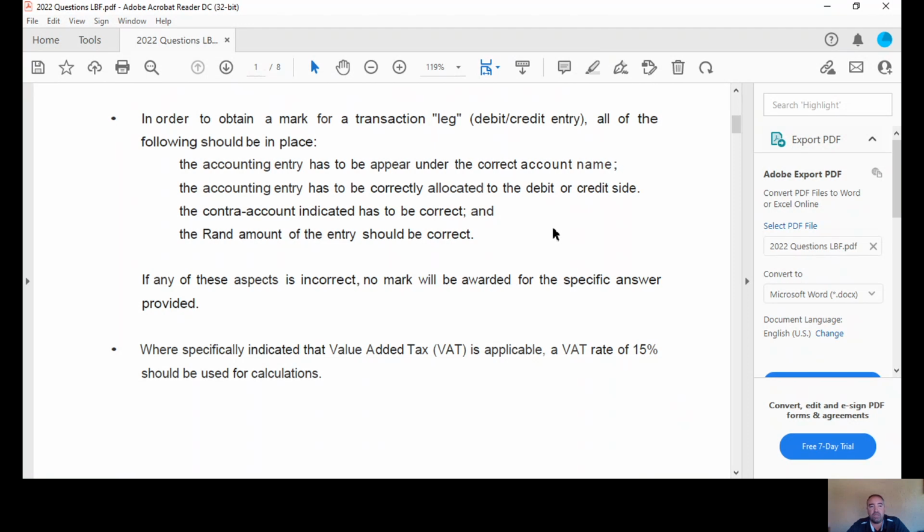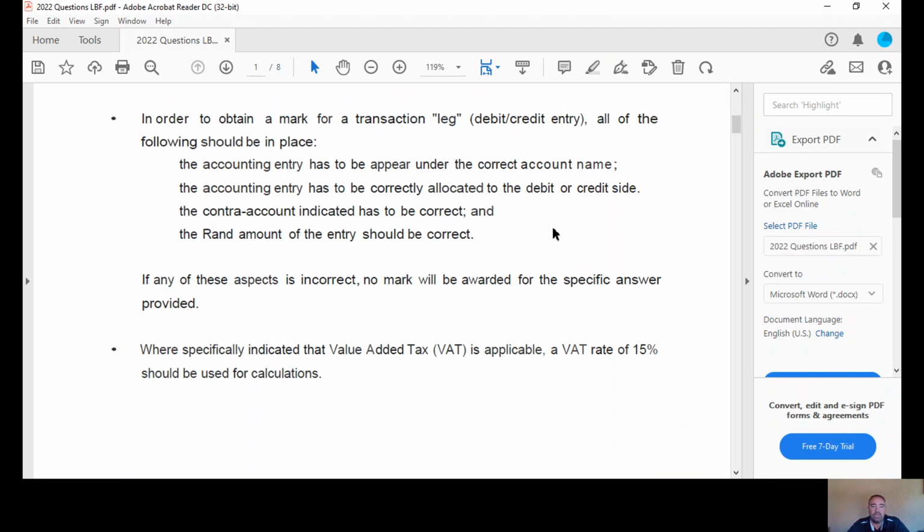But to get that one leg, either your debit or your credit leg, the accounting entry has to appear under the correct name. So your T account has to be the correct one. You can't put it under the wrong T account. Your accounting entry has to be correctly allocated on the debit or the credit side. So if you mix your debits and credits around, also no marks for that.